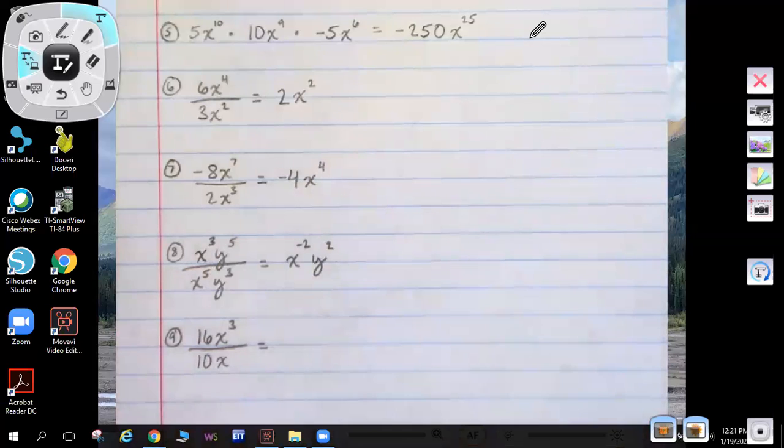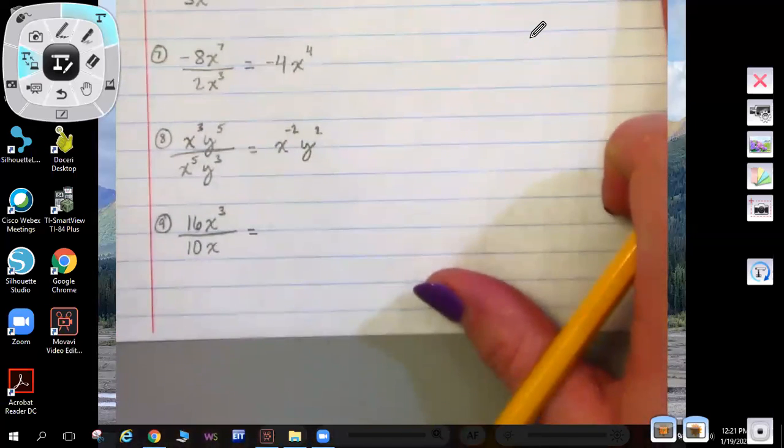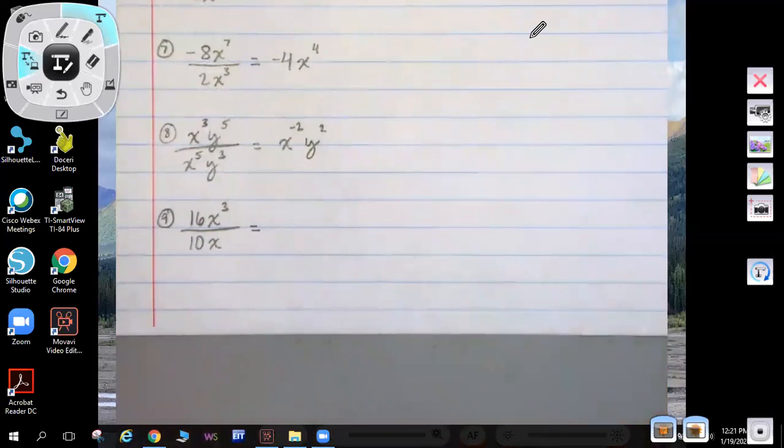16x cubed divided by 10x. All right, divide the coefficients. 16 divided by 10. That's not going to give us a whole number answer.